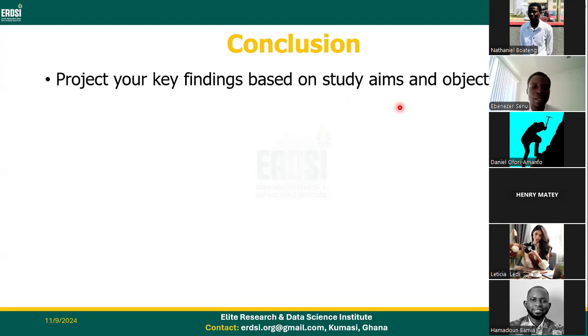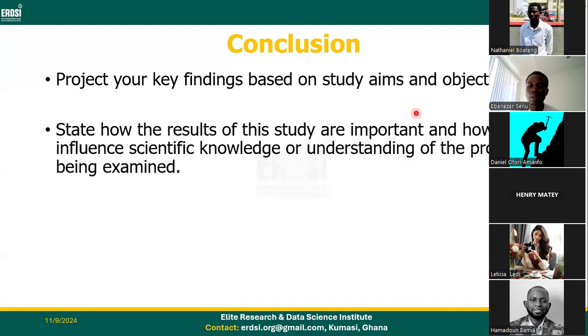What is your main take home, the take home message? That is the meaning of conclusion. Tenses. It's just based on how important it is or what you are contributing to the scientific knowledge. What have you drawn from the results?